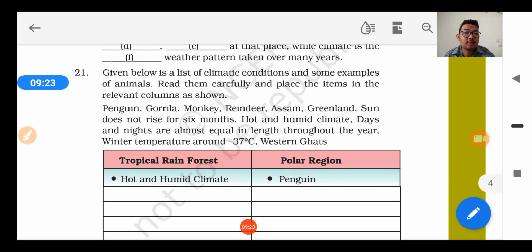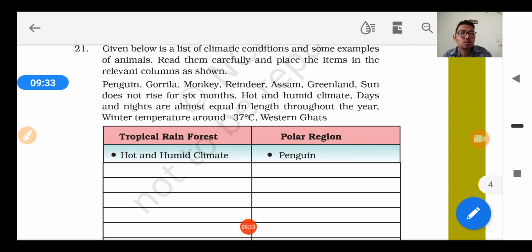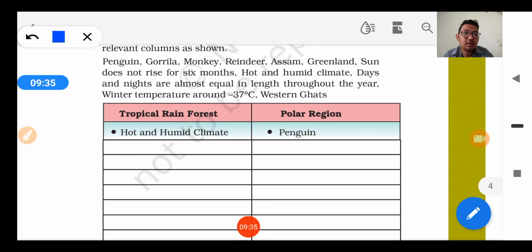Question number 21. Given below is a list of climatic conditions and some examples of animals. We have to read it carefully and place the items in the relevant column given below. So here you see tropical rainforest. In the tropical rainforest, monkey is found, and Assam is a tropical rainforest.